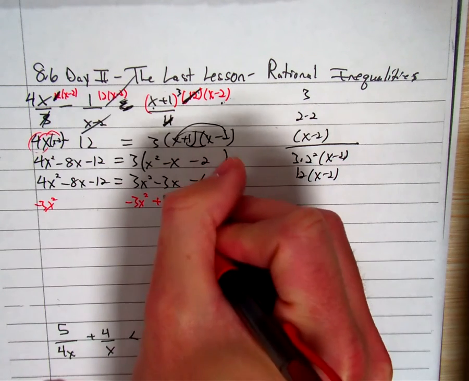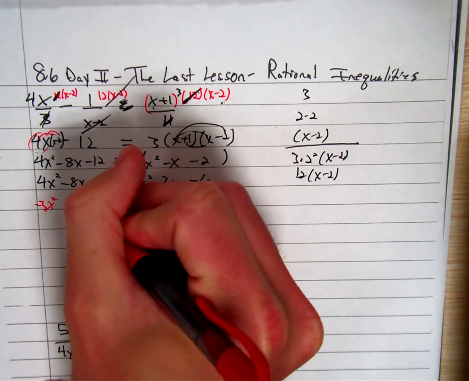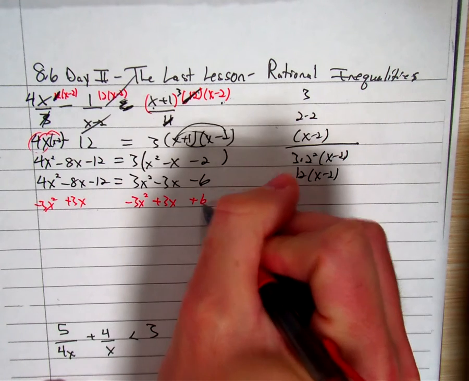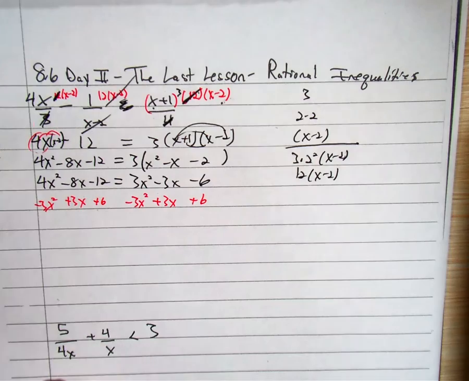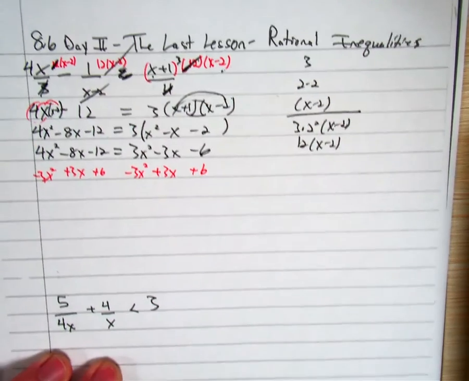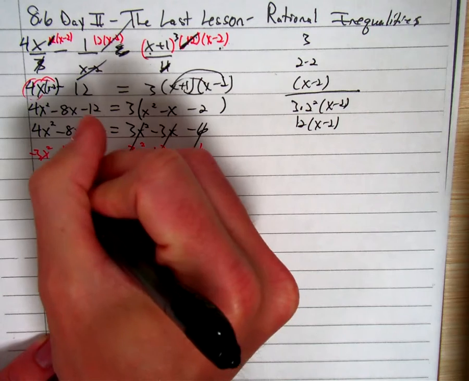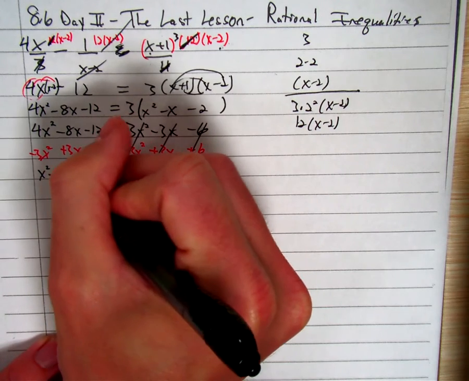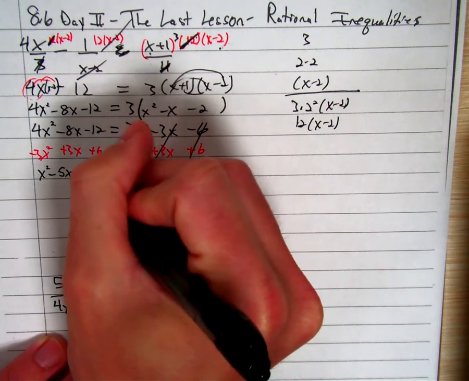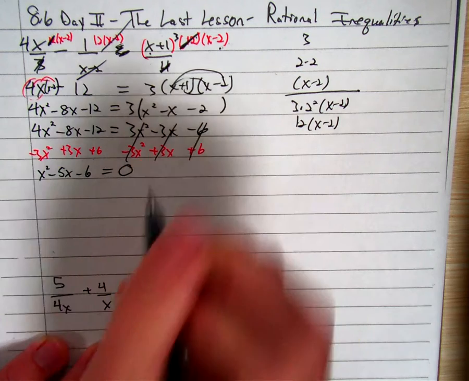We're going to add 3x. We're going to add 6. Alright, we'll have x squared minus 5x minus 6 equals 0.